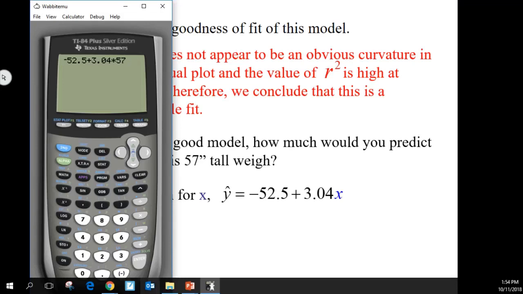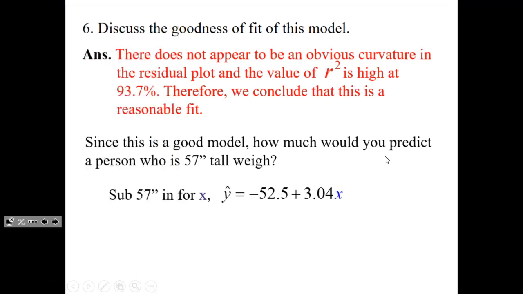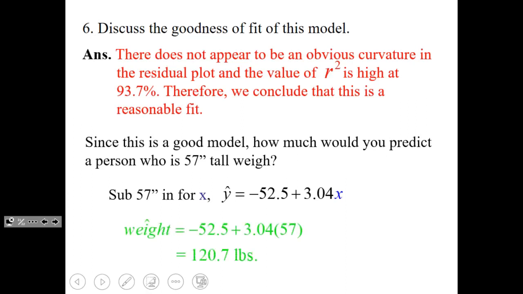I've got to click it. There we go. So our prediction is they would weigh 120.78 pounds. That's our predicted value. That's exactly what I found before. Oh, lost it. Let's get back on screen. There we go. We plug in the formula, multiply it, 120.7 pounds. That's our prediction based on our linear model.